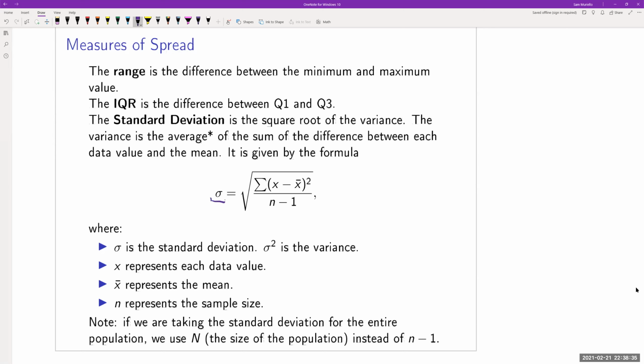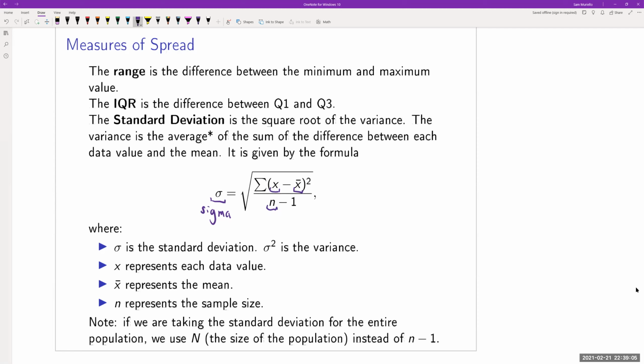So this right here, which is pronounced sigma, is the standard deviation. Sometimes we may talk about sigma squared, which would be the variance and would simply remove the square root on the other side. But standard deviation ends up being a more useful measurement. So we'll work with that one. Little x, as we mentioned before, represents the data value, and x with a bar over it represents the mean of the data set.